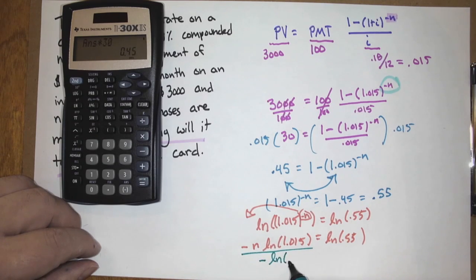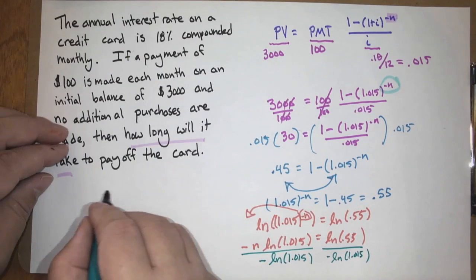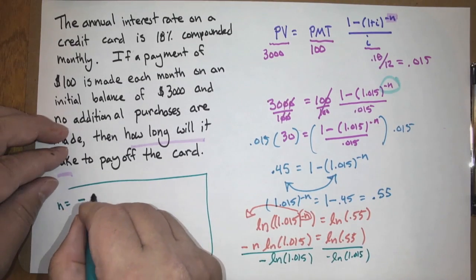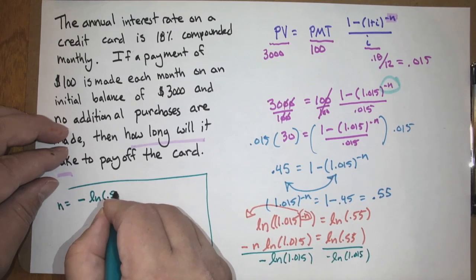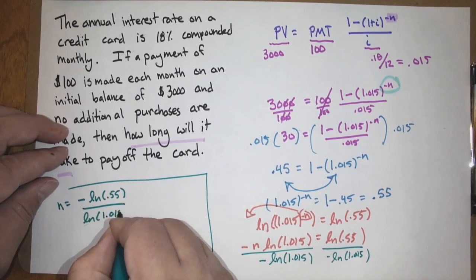So divide both sides by a negative. And so that tells us that our answer is n equals negative log of 0.55 over log of 1.015.